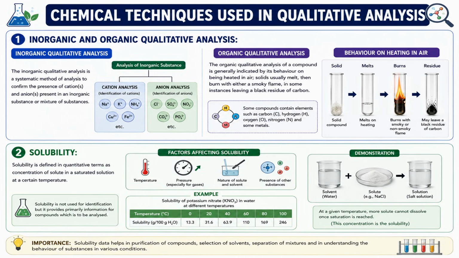Next one is solubility. Solubility is defined in qualitative terms as the concentration of solute in a saturated solution at a certain temperature. The solubility is not used for identification, but it provides information for the compound which is to be analyzed.